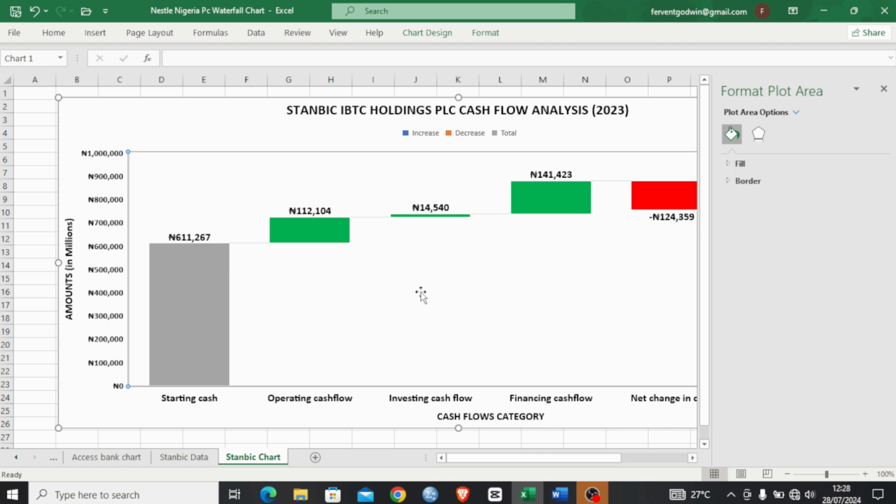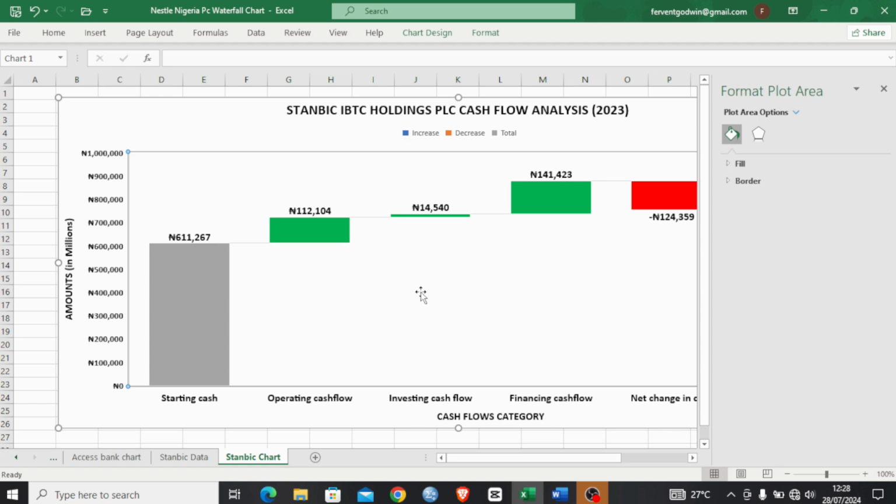Okay, so the financing cash flow was 141.4 billion naira. This refers to the net amount of funding the company generates in a given time period. In this category, you can have issuance of equity, where the company issues new shares of stock to raise capital. How did they raise their cash? How did they generate funds?